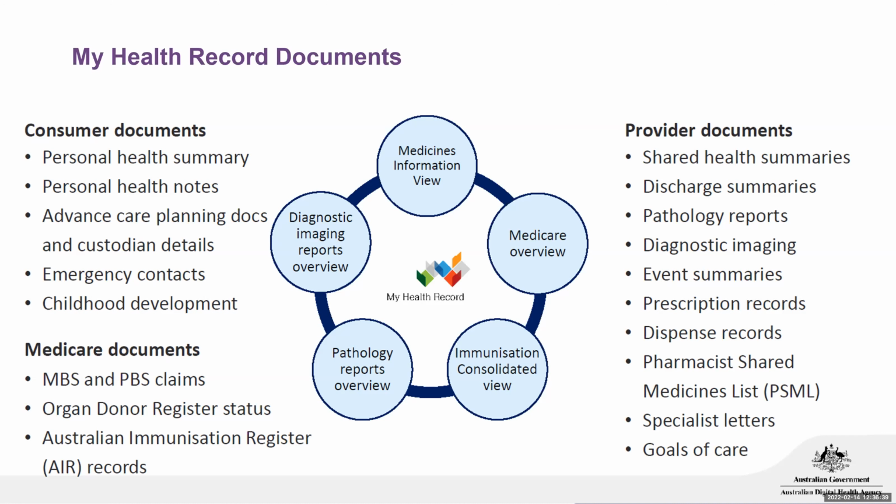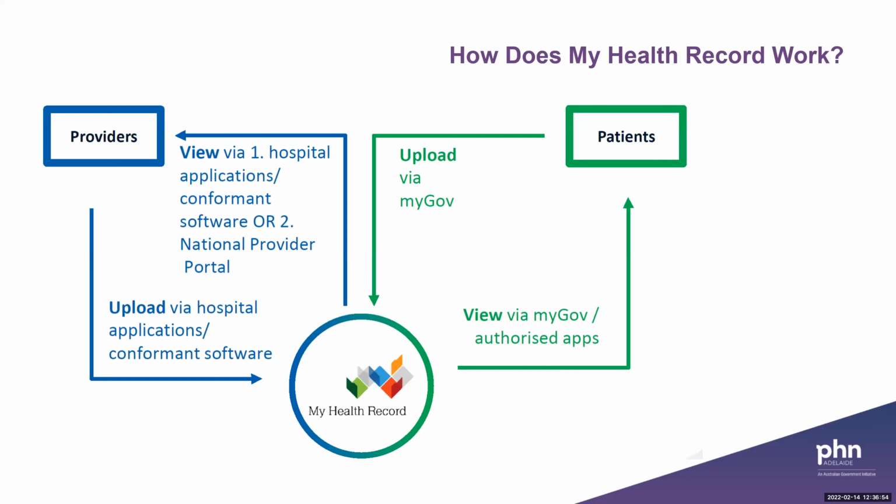And some documents are uploaded automatically. So I suppose the Medicare documents, AIR information, that's all uploaded manually. As we go through the software, we'll go through examples of what those look like.